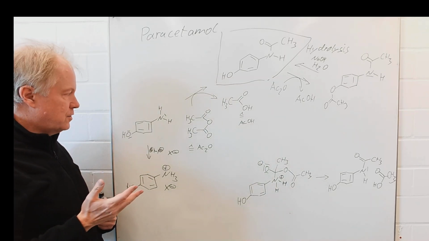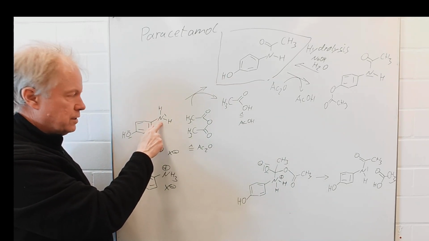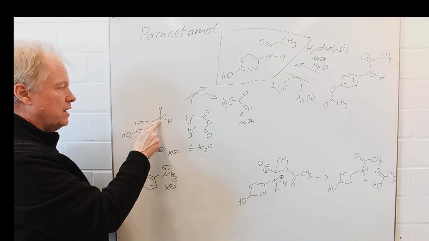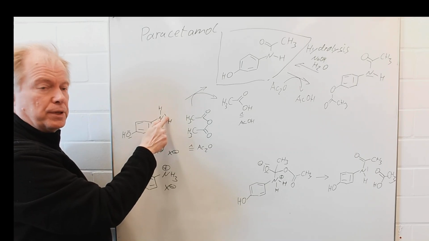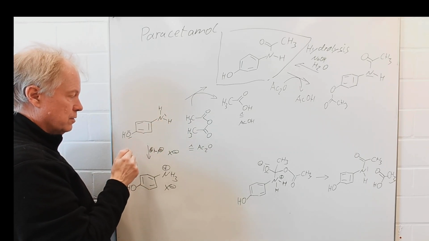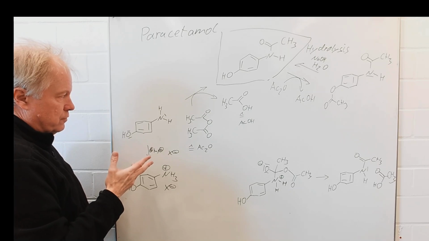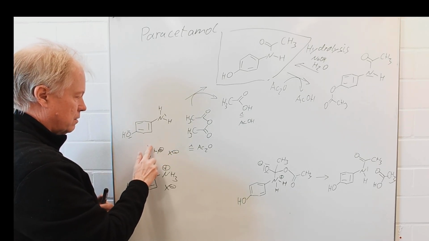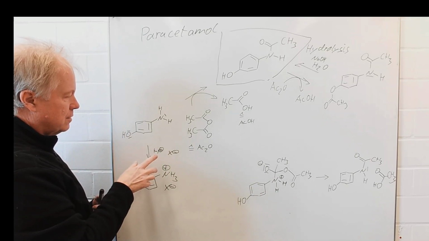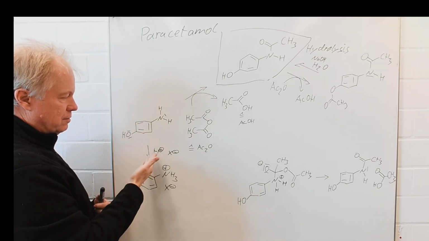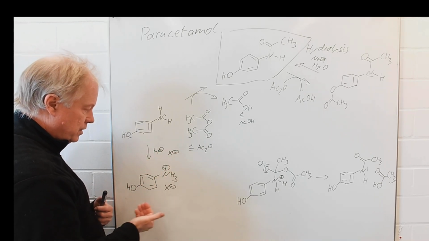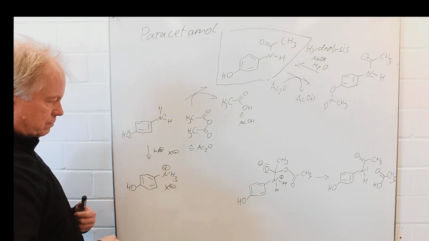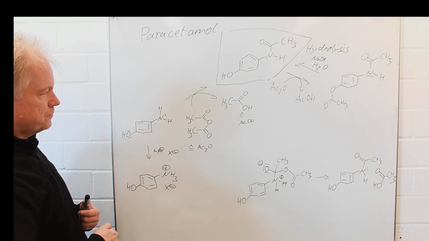Well, the simple answer is nitrogen is less electronegative compared to oxygen. Therefore, that free electron pair is more reactive. We can notice that already by the fact that if we treat this aniline with an acid HX, we will get an ammonium salt like this.